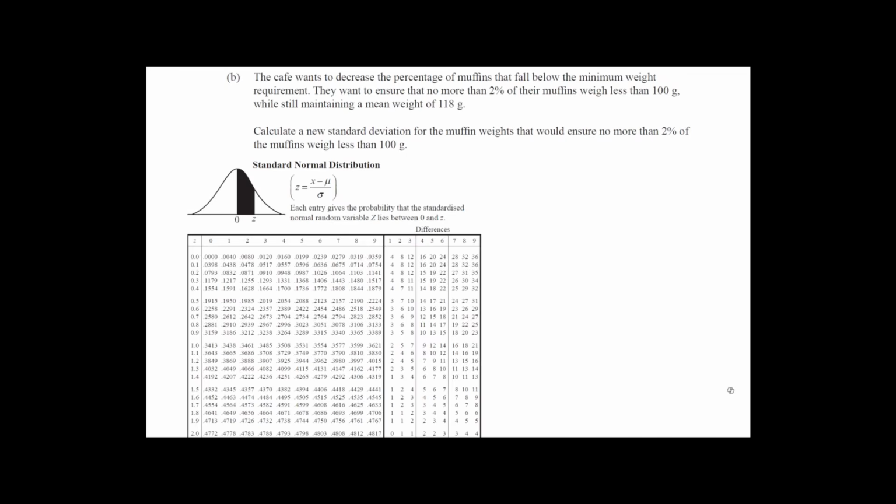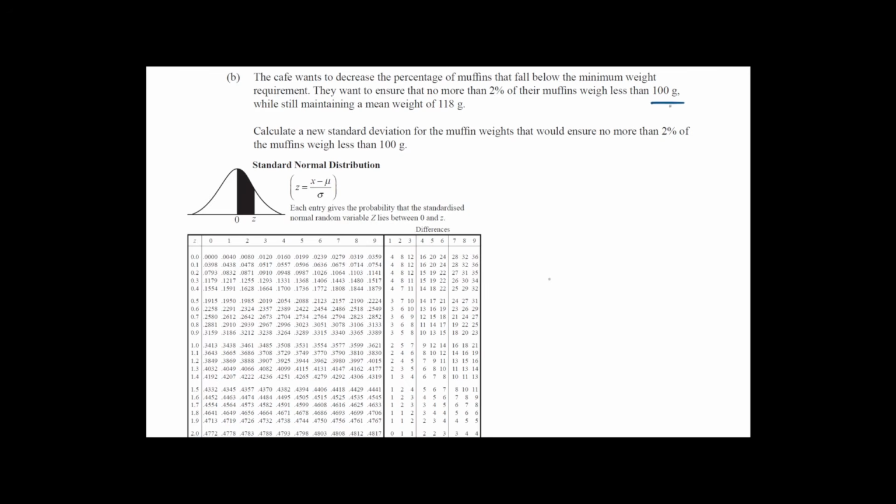All right, the next question says that the capo wants to decrease the percentage of muffins that fall below the minimum weight requirement. They want to ensure that no more than 2% of muffins weigh less than 100 grams, while still maintaining a mean weight of 118 grams.